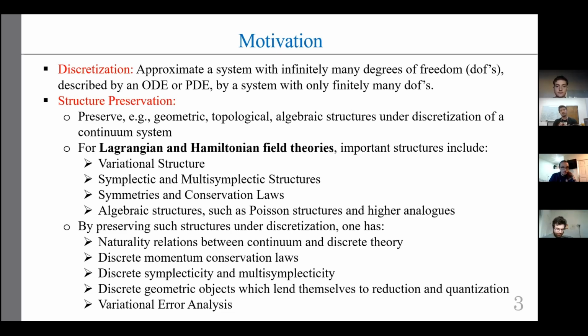One of the main things that you get are discrete objects, which essentially are pullbacks of the continuum objects. If you appropriately define some discretization map, and you view these discrete objects as pullbacks of the continuum ones, and you also get some nice things like variational error analysis, which I'll talk a little about later. Okay, so that's the goal that we're headed towards.